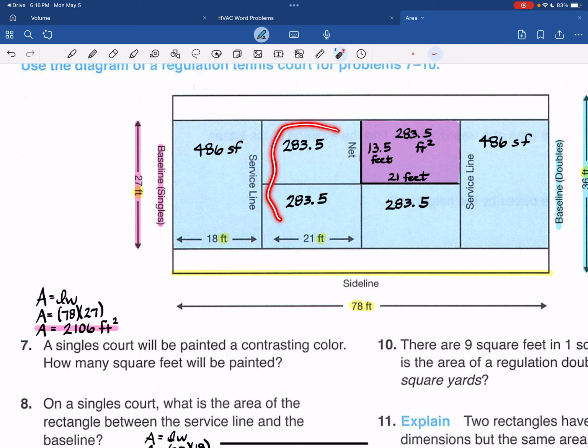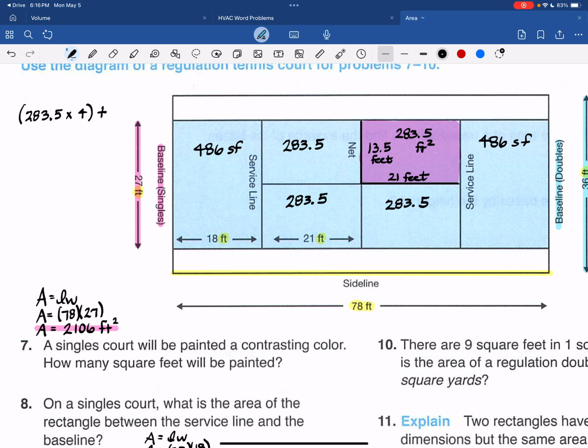So I'm just adding up these. I'm going to do 283.5 times 4, because there are 4 of those. So 283.5 times 4. And let me write that down here. 283.5 times 4.